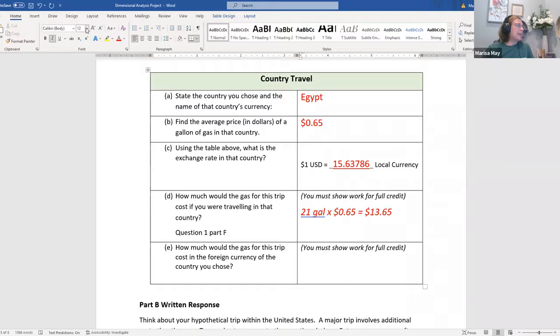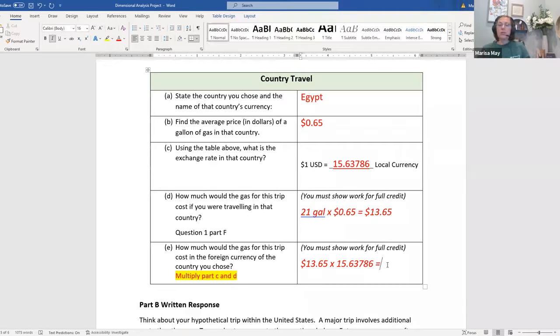So I'm going to take my $13.65 and multiply by my 15.63786. That was my exchange rate. So again, you're basically in this case multiplying part C and D. Your answers for what you get, you're multiplying part C and D there.